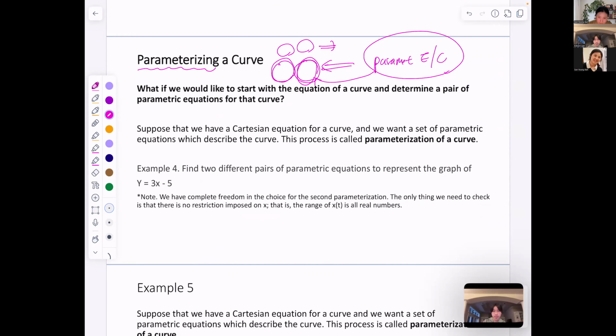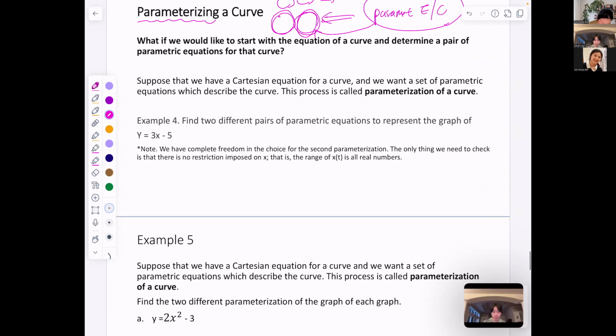So here's an example. Find two different pairs of parametric equations to represent the graph of this. Somebody found this linear equation y equals 3x minus 5 from the given x, y, including the t variable. This example is from our embedded textbook, so you can take a look at the textbook later, but let's think about it.